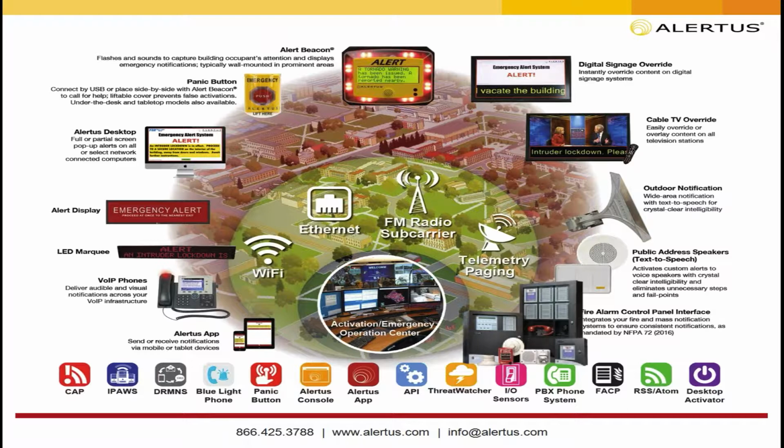The fire panel provides us a dry relay contact, which activates a general alert to your facility through the Alertus message. So what that would mean is the fire panel would activate the Alertus system, and then the Alertus system would pass on a generalized alert saying that there's a fire at this building or at this specific location throughout all those different modalities and all those different layers that we've already spoken about.